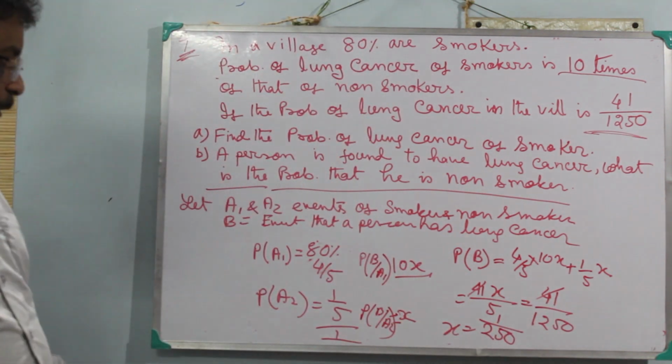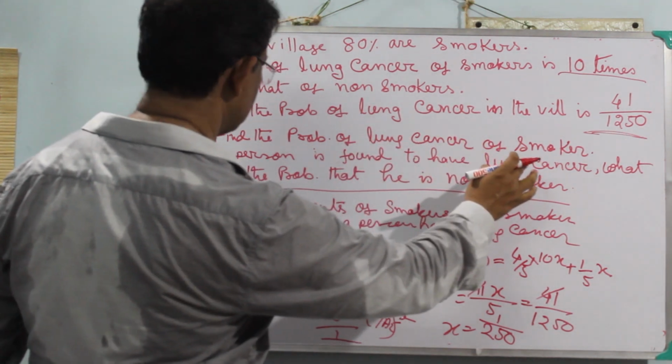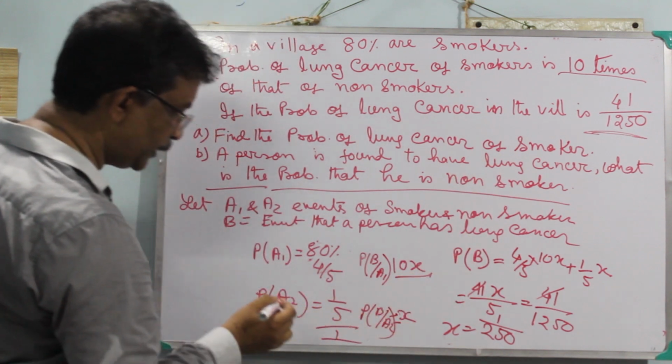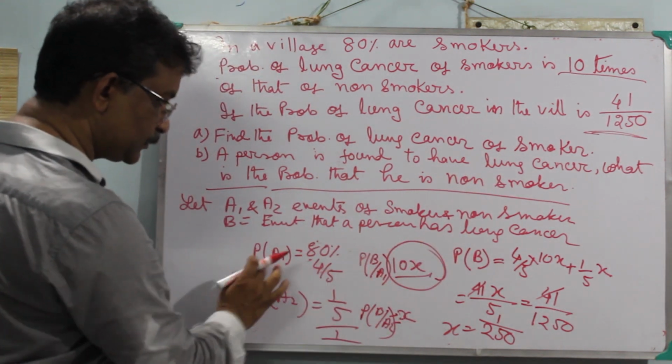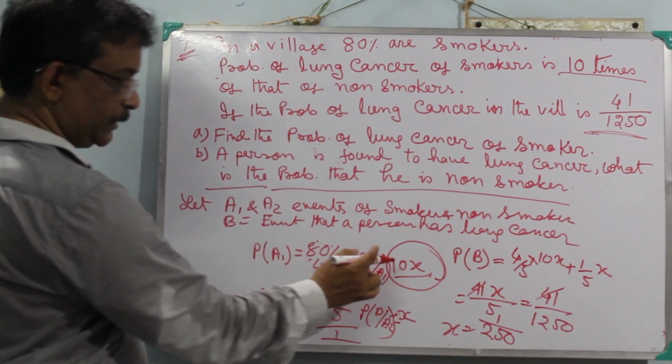So what is the probability of lung cancer of the smoker? Find the probability of lung cancer of the smoker. That means we want the probability of lung cancer when they are smokers, 10x.